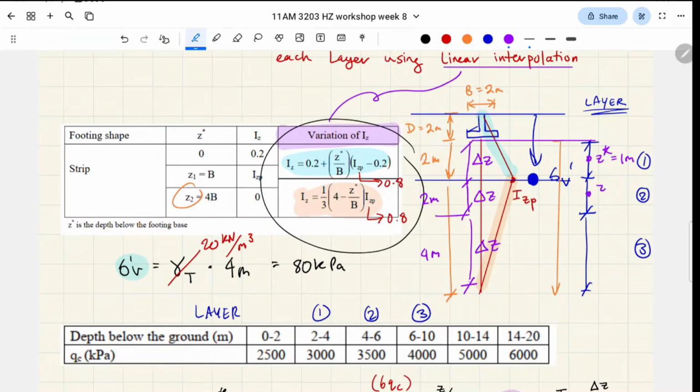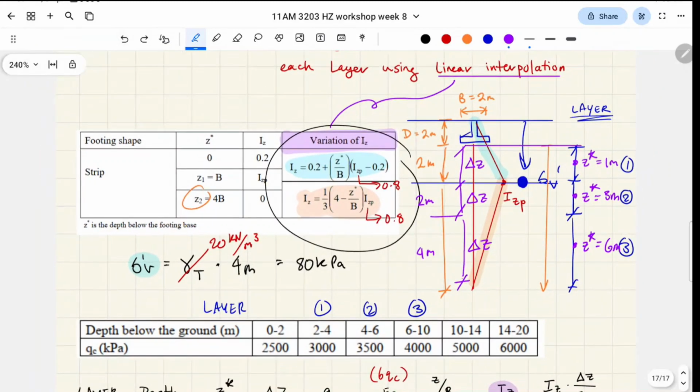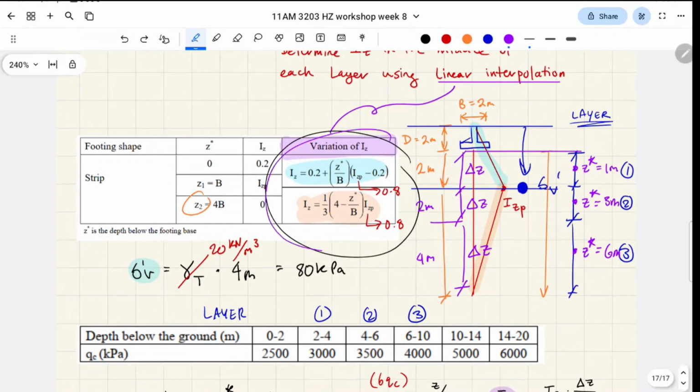And then Z star, which is the depth to the middle of the second layer, is going to be 3 meters because we've gone down 2 meters for the second layer, right? And then the depth to the middle of the third layer is going to be 6 meters because it's halfway down this layer, which is 2 meters, and then 1 meter here. Okay. Z star is what we're going to be using in these two formulas in order to plug in and output IZ. Okay.